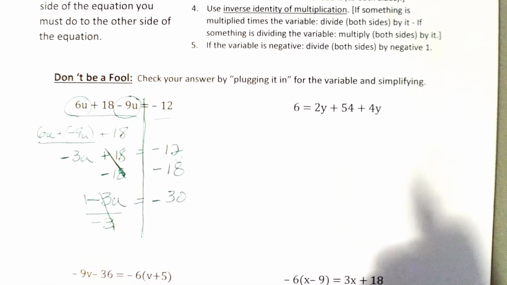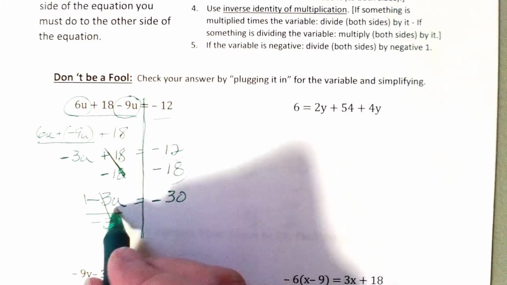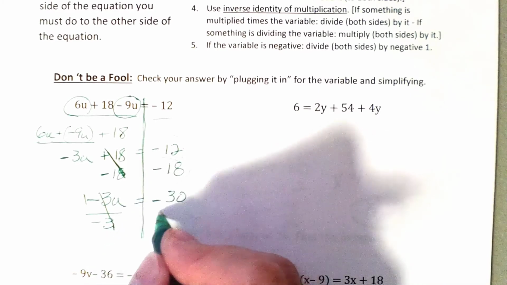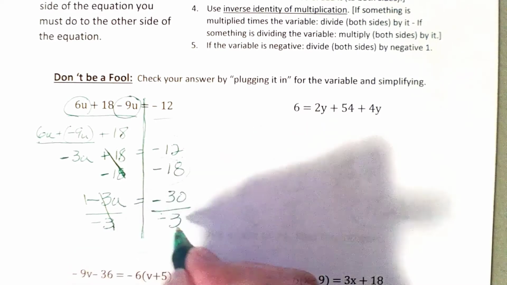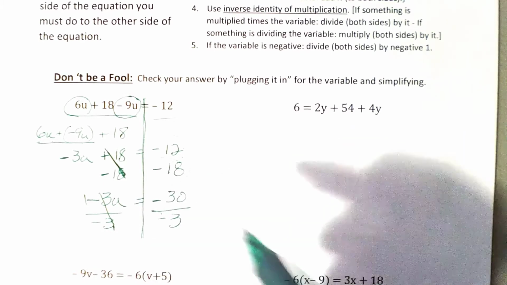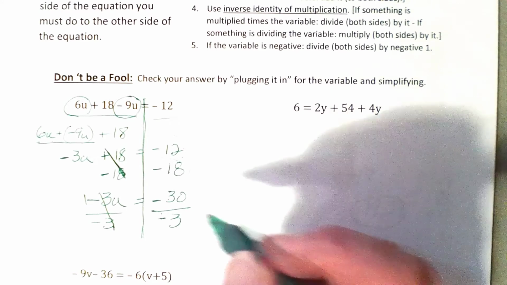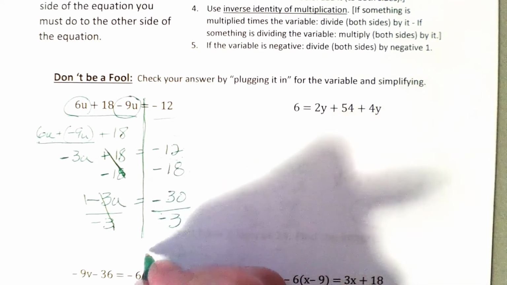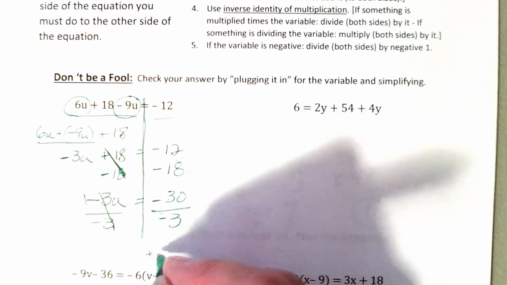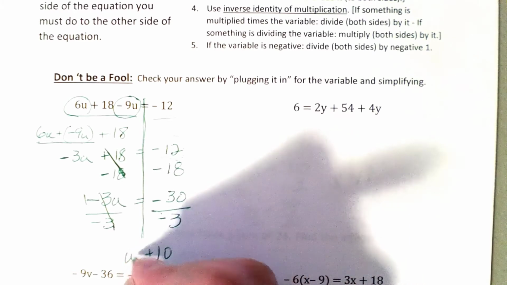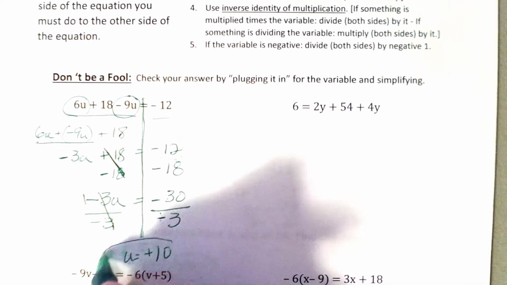That's what I want. I want 1u. So I have just u left here. But if I divide on this side, always write it on both sides at the same time so you don't forget. I have negative 30 divided by negative 3. Negative divided by negative is positive. 30 divided by 3 is 10. So I have u equals 10.